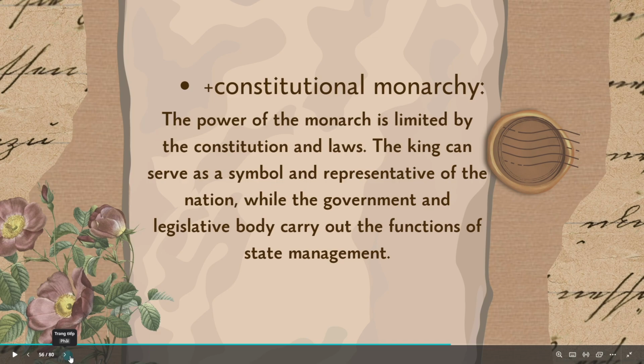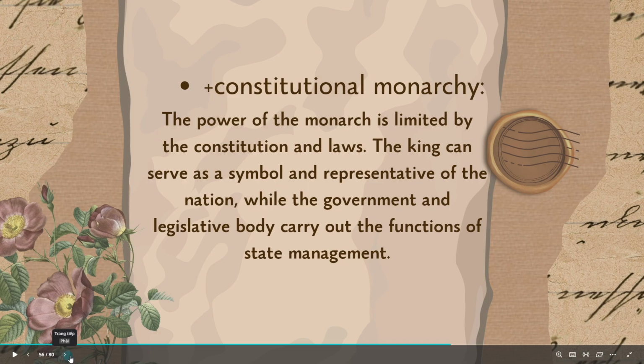The power of the monarchy is limited by the constitution and laws. The king can serve as a symbol and a representative of the nation, while the government and legislative body carry out the functions of state management.